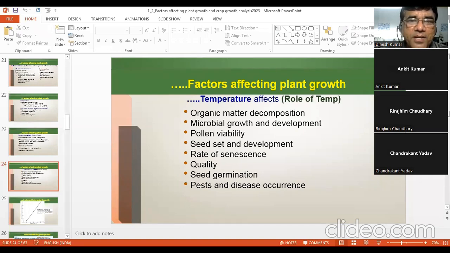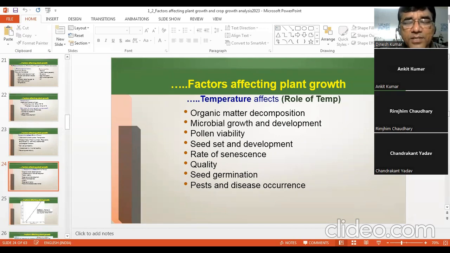Microbial growth and development is also governed by temperature. Pollen viability, as I was discussing in the case of rice, 33 degrees centigrade. If you have 40, 45 degrees centigrade, then sterility occurs, which means pollen germination will not happen. Seed set and development is affected by temperature.